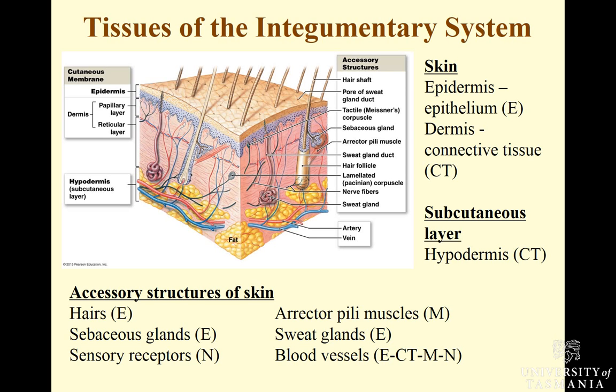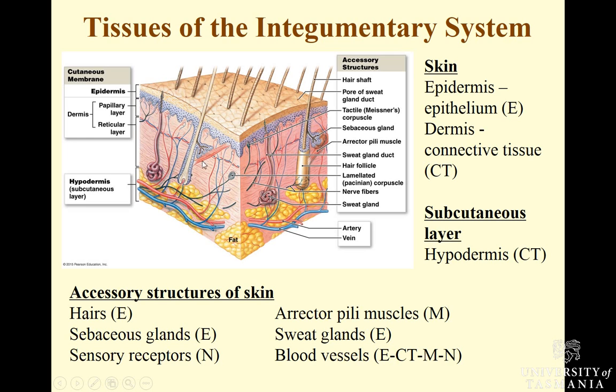And scattered throughout the skin we find the various accessory structures of the skin. So we can see some hair follicles, for example. We can see their associated sebaceous glands, and they secrete sebum onto the surface. We can see various sensory receptors which are detecting things like pain or pressure, vibration, or touch.